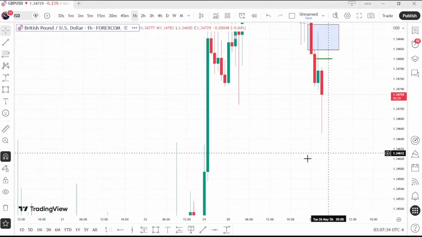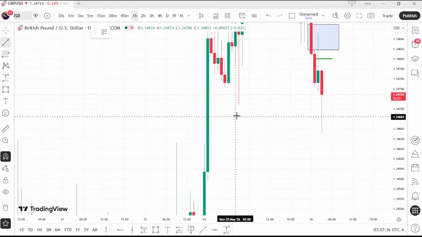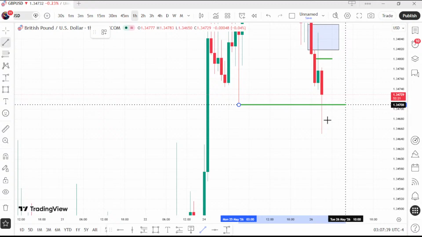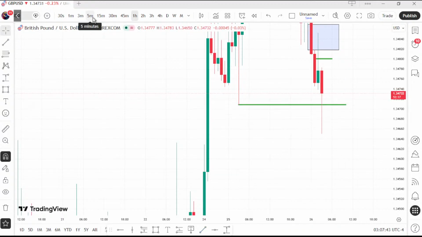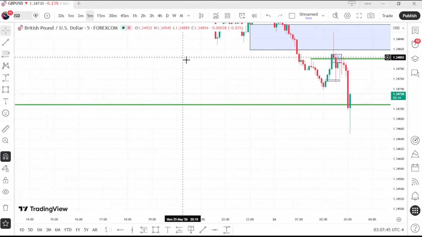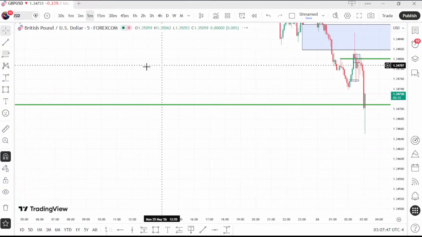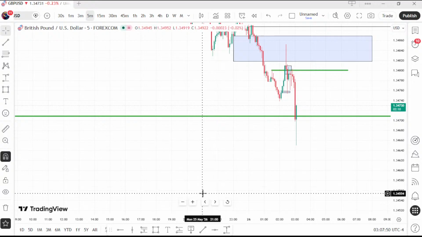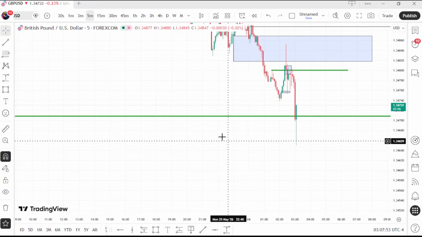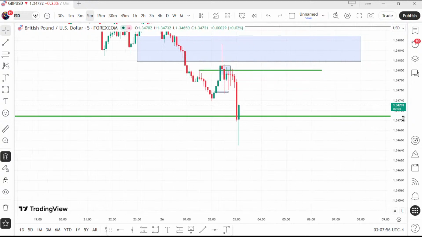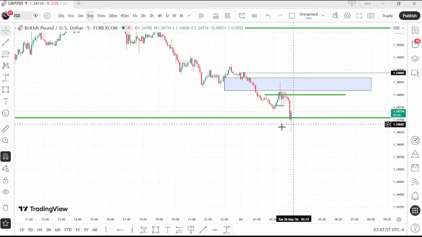Now will this be a stop hunt for a buying opportunity? See this. Give it focus, structure shift for price to continue.